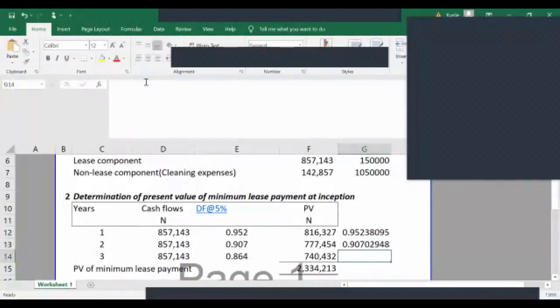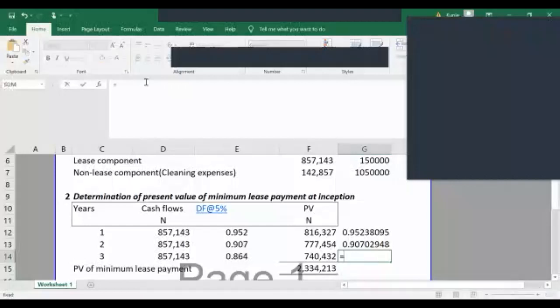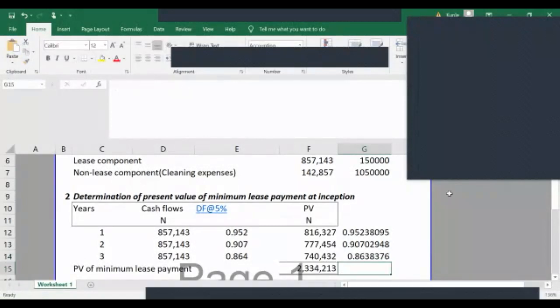So you have 0.907, to 3 decimal places. That is how we got that. Then for the third year, we are doing the same thing: 1 plus 5 over 100 raised to power of -3, since the year is 3. If you press enter, you have 0.864.